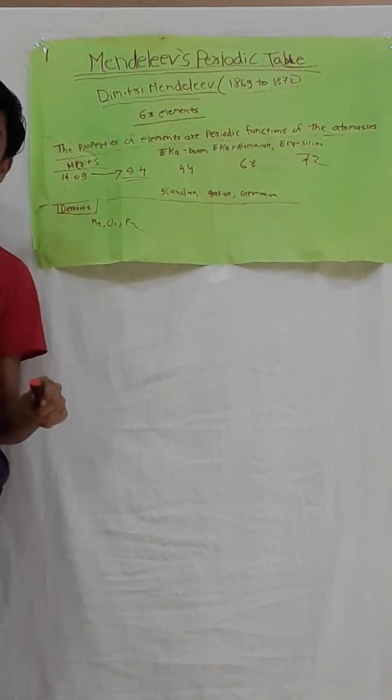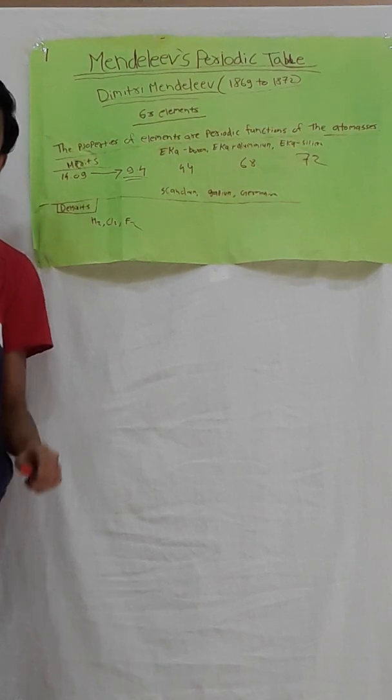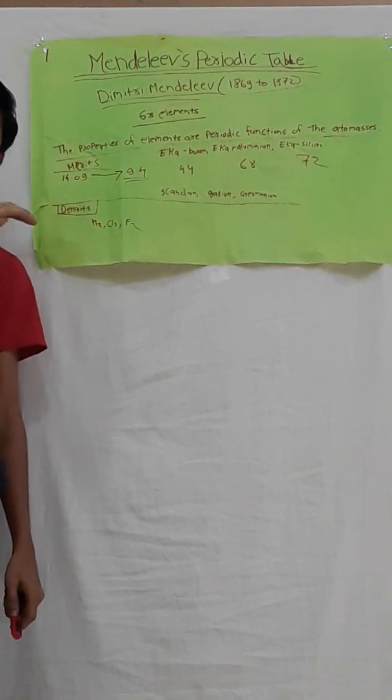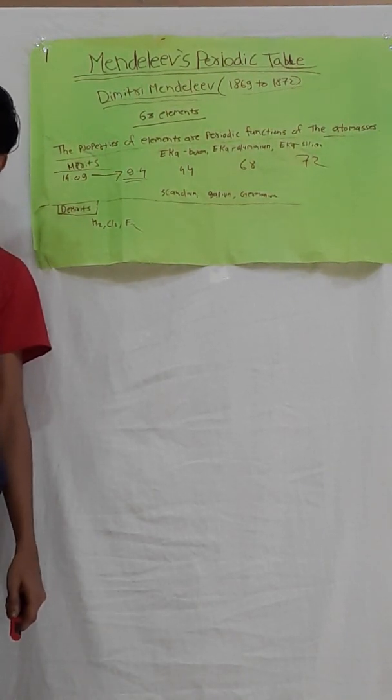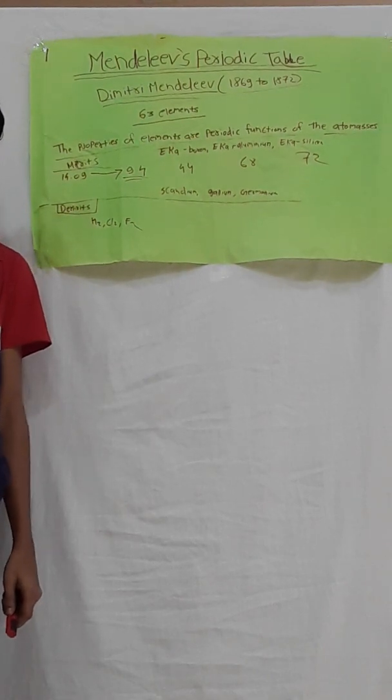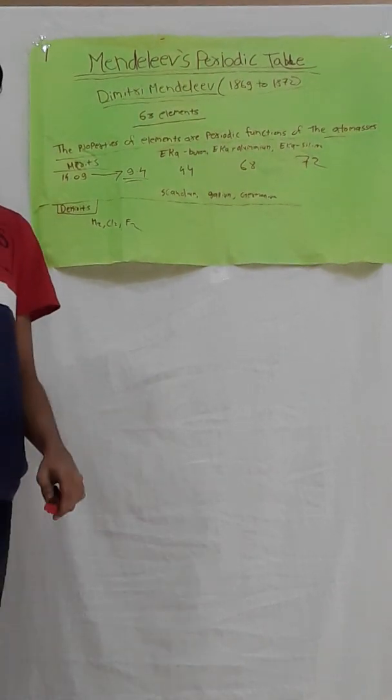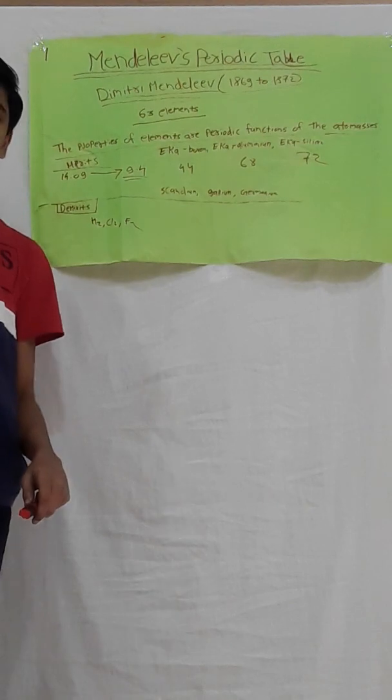Elements are arranged in the increasing order of their atomic masses. The rise in atomic mass does not appear to be uniform.